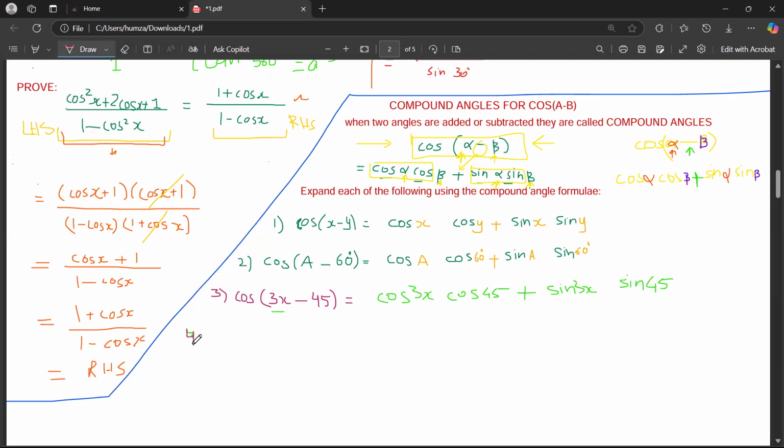Question number 4. Cos A minus B. Yes, now try and expand it for me.